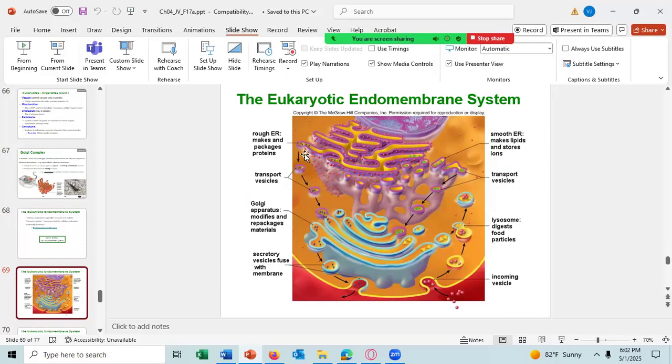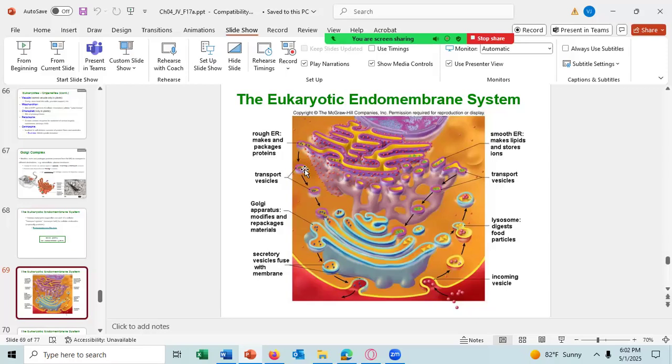We can have a protein made on the rough ER, and then the membrane transport endomembrane system involves the rough ER forming a vesicle carrying proteins that were made in the rough ER to the Golgi apparatus.